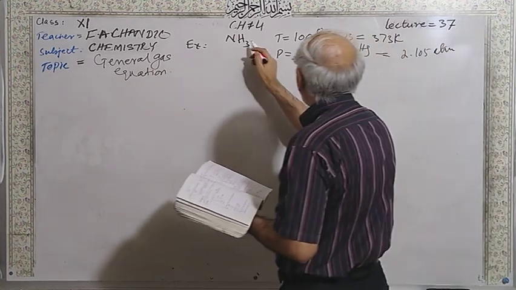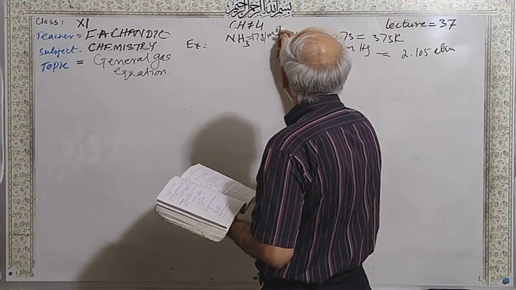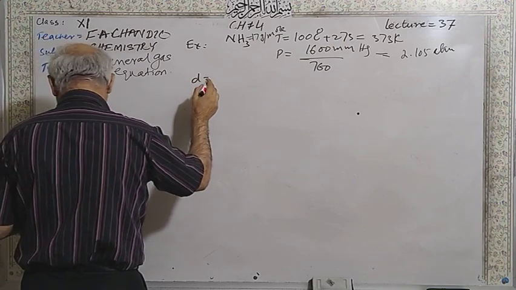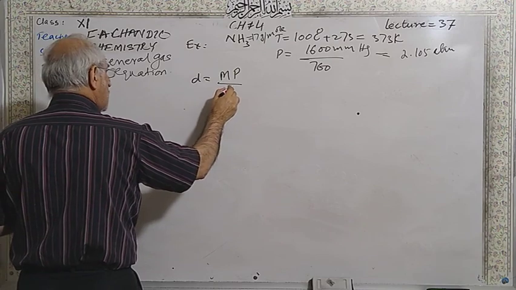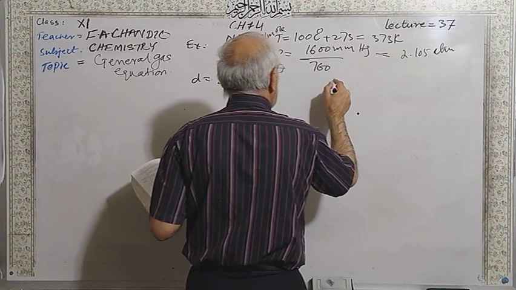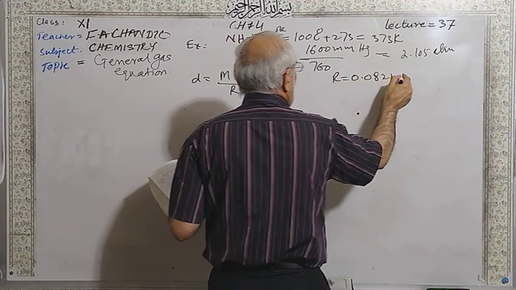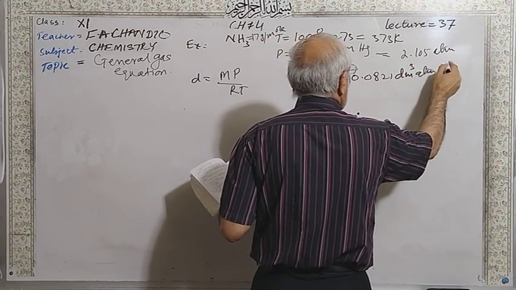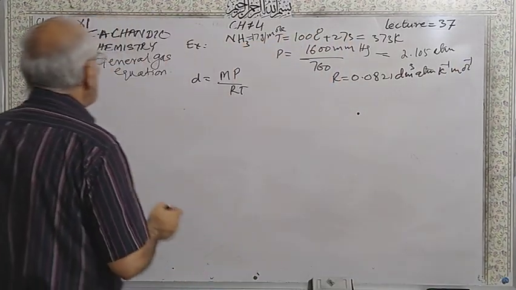Ammonia gas has a molar mass of 17 grams per mole, and the formula of density is D is equal to MP over RT. Because this is in atmosphere, we use the value of R, 0.0821 decimeter cubed atmosphere per Kelvin per mole. So you have to use this one. Now apply the formula.